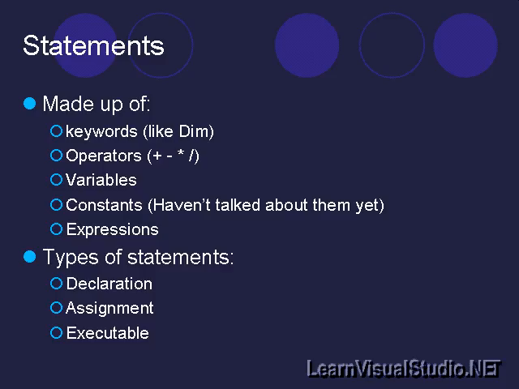And then there's assignment statements where x equals 7, or x equals x plus 1, or x equals x dot ToString plus space plus Scott plus McFarland. Or it can be an executable statement, which are things like if-then-else statements, calling other functions, and so on. And we'll get into all those as time goes on.